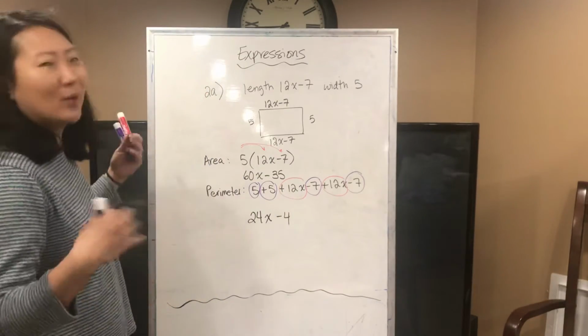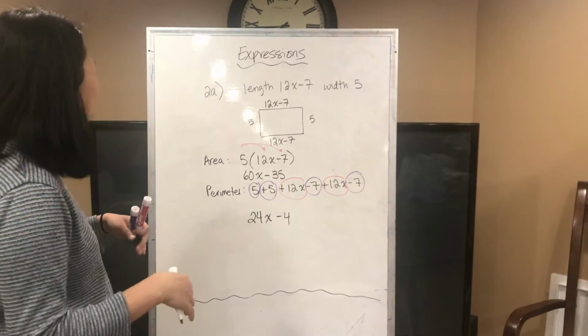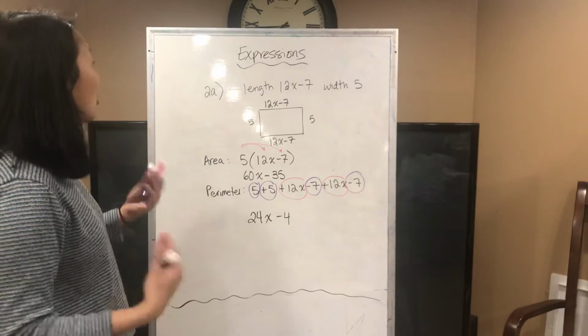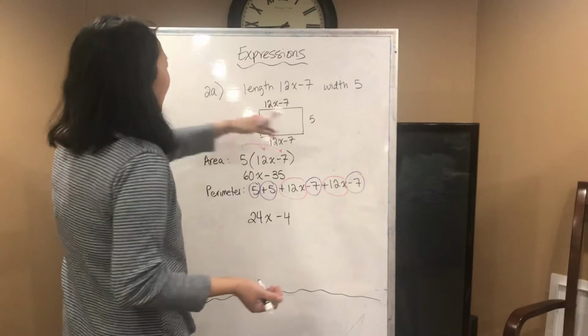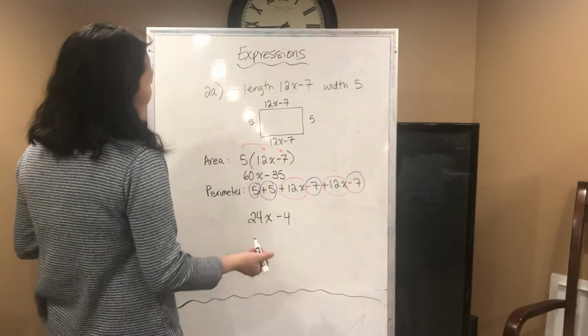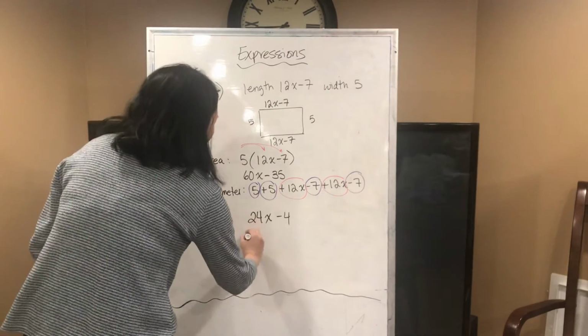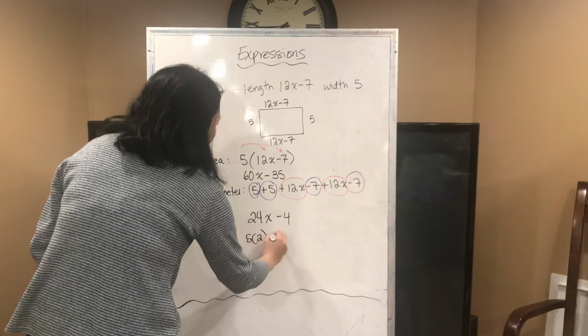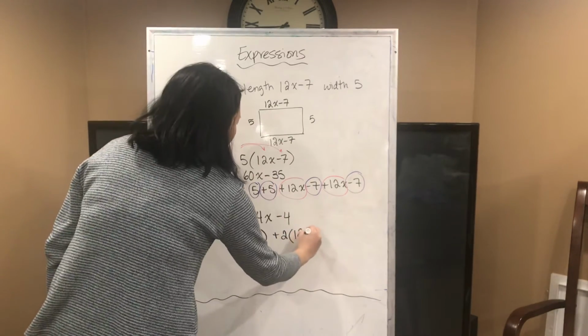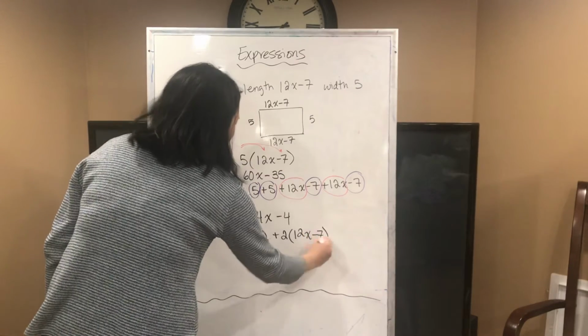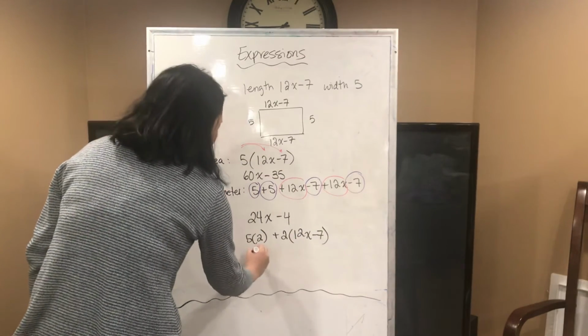The other way that I just want to quickly point out that you could do it is, you know that the perimeter of a rectangle is equal to 2 lengths plus 2 widths. So I could have also done 5 times 2 plus 2 times the quantity 12x minus 7. And then 5 times 2 is 10.